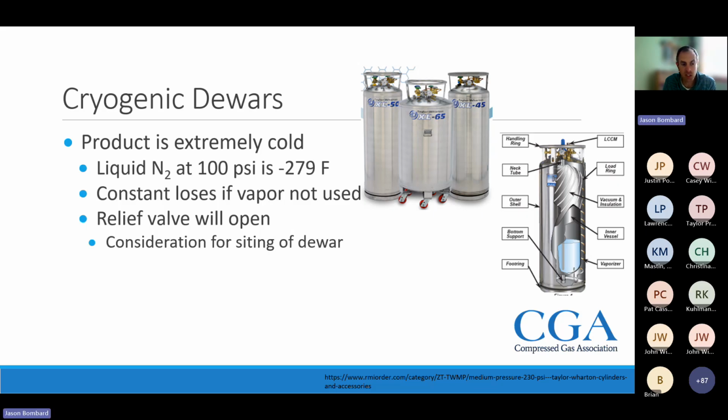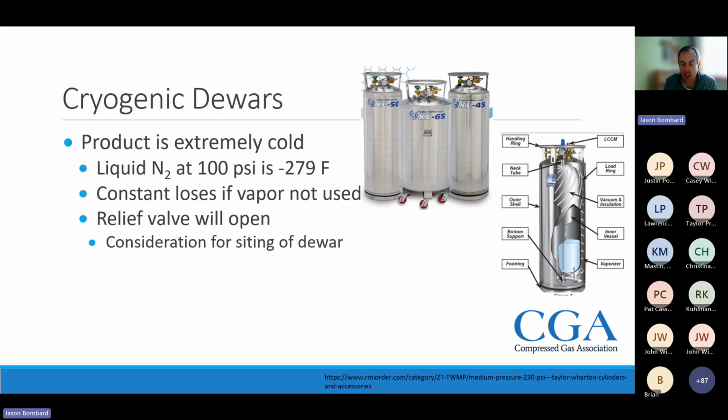If they're left to sit without using the vapor out of them, you'll have constant losses of the product that's in them, because there's always that little bit of heat leak from the outside into the liquid, and it's constantly boiling. So that relief valve that is on them will open pretty frequently sometimes.